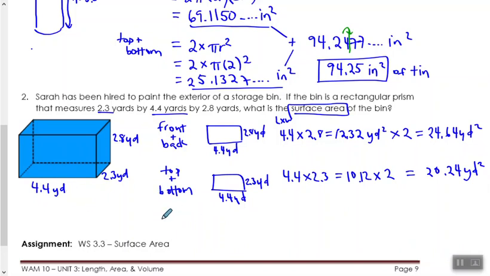Last, we have our left and right sides. Oof, lightning. Okay, so for our left and right sides, it is 2.8 high and 2.3 across.